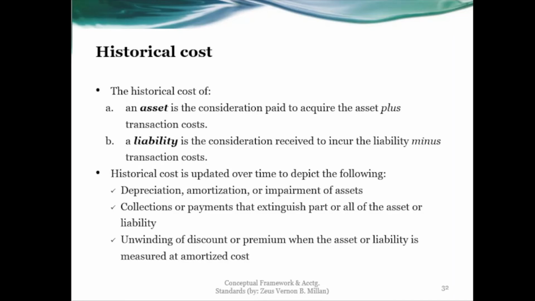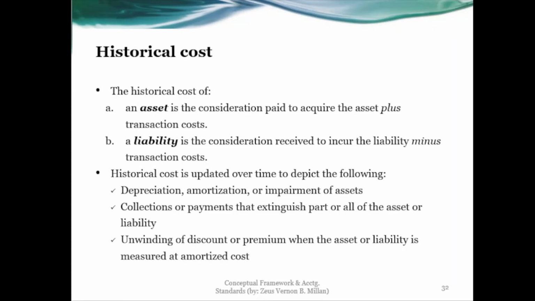Now, for a liability, it is the consideration received to incur the liability minus transaction costs. Why is the transaction cost added for the asset? Because the transaction costs that you will be adding are those that are directly attributable to acquiring the asset. For a liability, the same would apply. You subtract it if it is directly attributable.